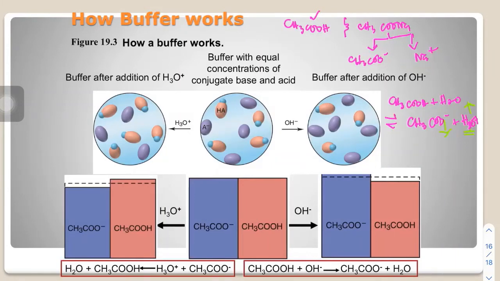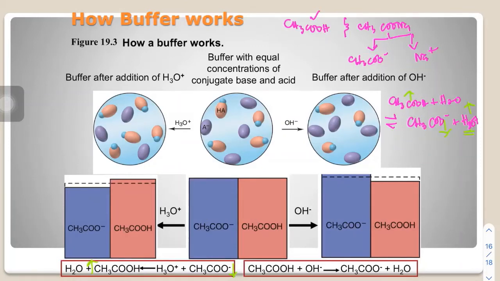So when the H3O plus is added, acetate ion decreases, the reaction shifts to the left so that it will produce extra acetic acid. Okay, so acetate decreases, acetic acid increases.